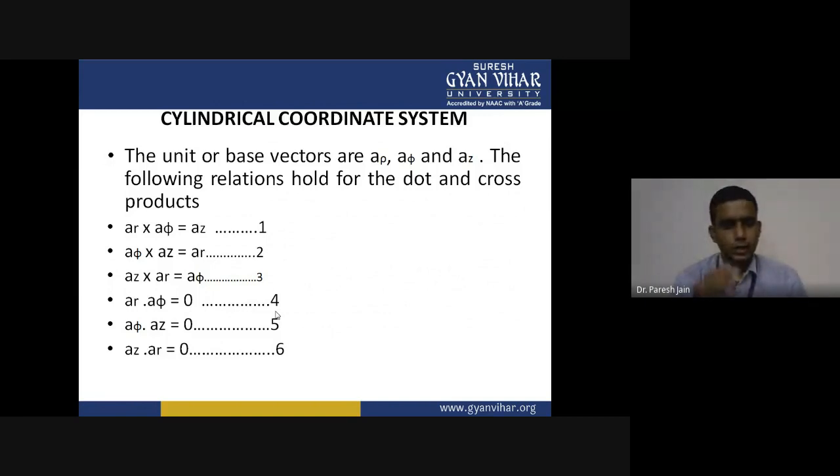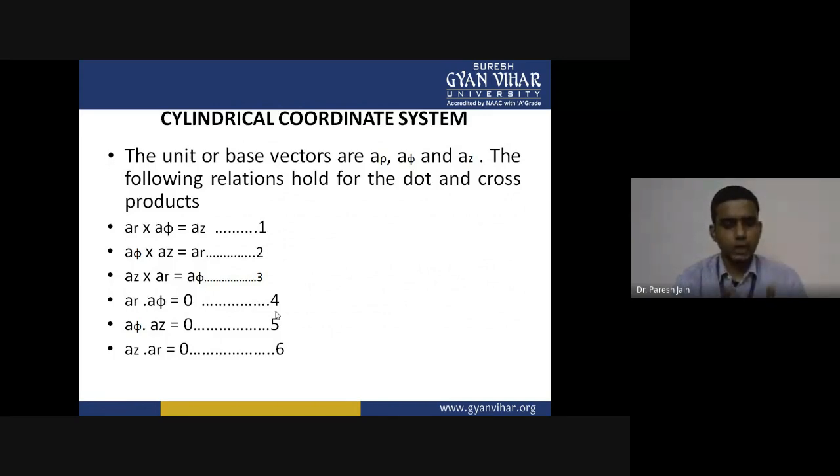Next, we have the dot product of unit vectors in the cylindrical coordinate system. So next is the dot product.